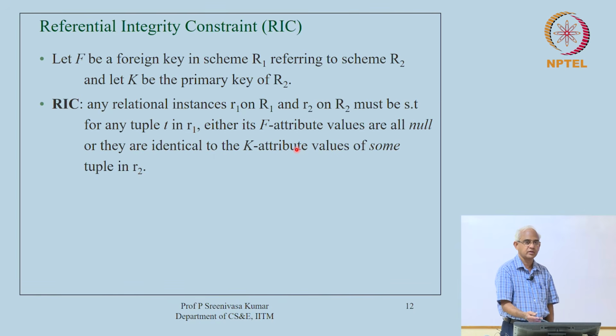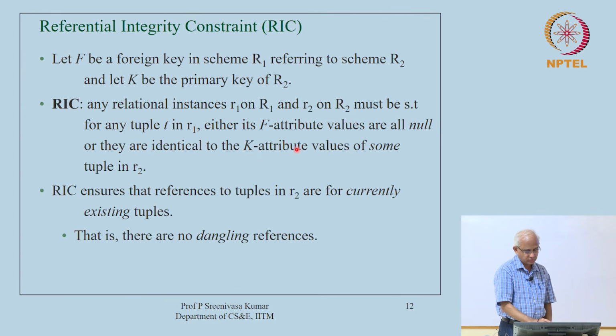Basically, there should not be any dangling tuples or dangling references. Suppose you refer to something and that something does not exist, then you are in serious trouble. So, we want to make sure that there are no dangling references.